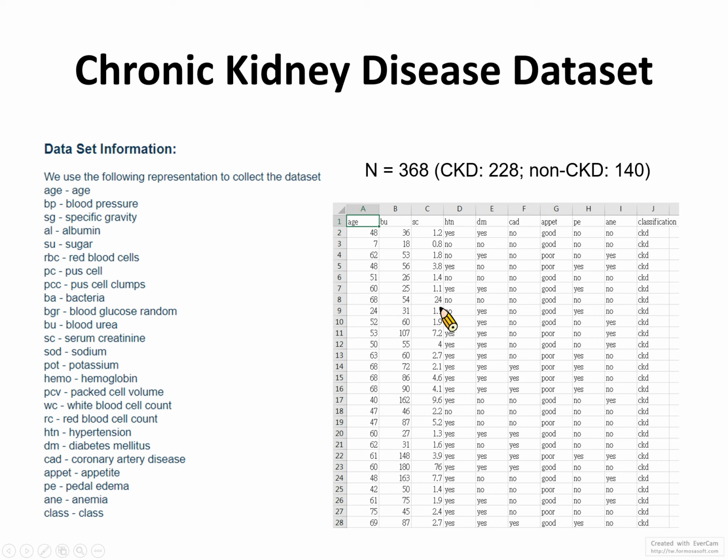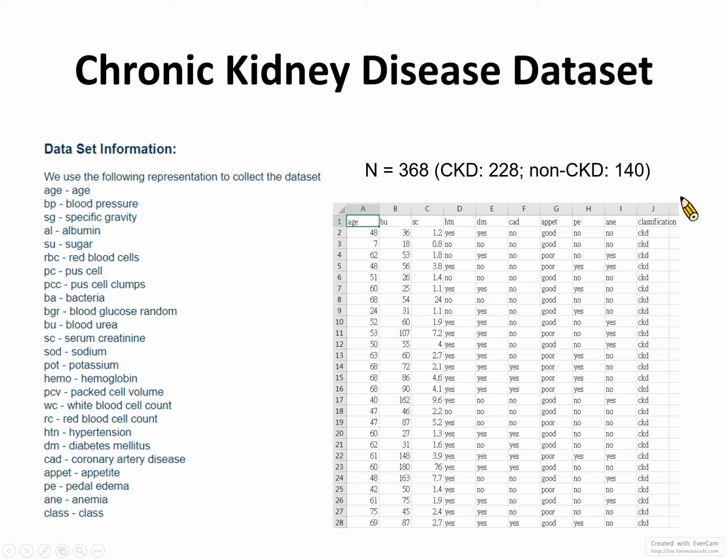Okay, so the variables included in this simplified data are age, and also the blood urea level, and serum creatinine, and also the history of hypertension, history of diabetes, and history of coronary artery disease, and also basic conditions like whether this person has a good appetite or poor appetite, or pedal edema, or anemia history.